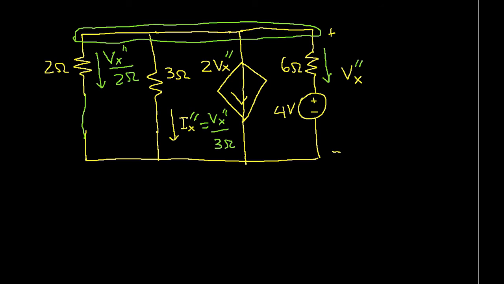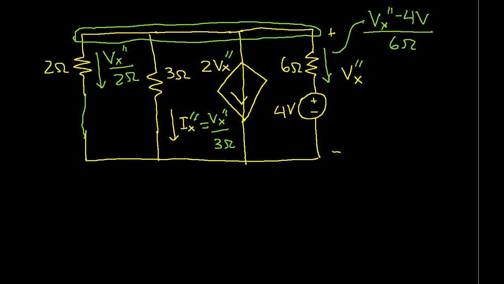And the current going through the 6 ohm resistor will be the voltage across that 6 ohm resistor, which is Vx double prime minus, I'm sorry, that shouldn't be minus 6 volts, minus 4 volts over 6 ohms.